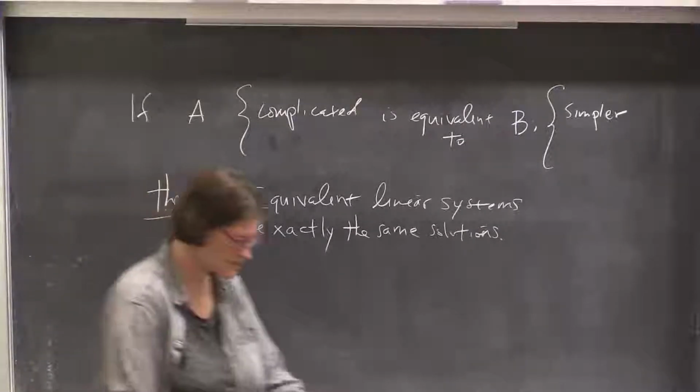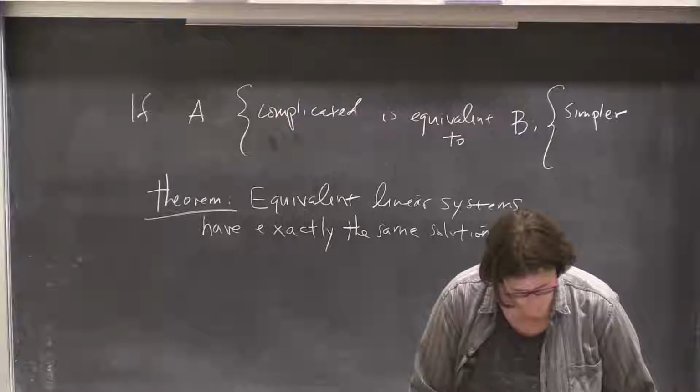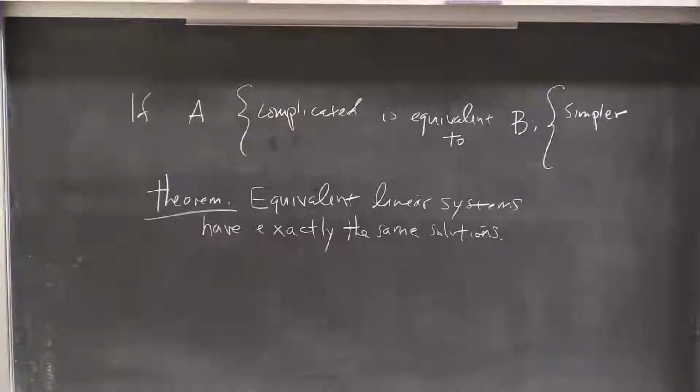Okay, so now I'm going to just introduce shorthand. You remember from Monday and from Tuesday that when I was doing all of those elementary equation operations, I would first write down a system, and there was an x1 and an x2 and an x3, and then another x1 and another x2 and another x3, and so on.